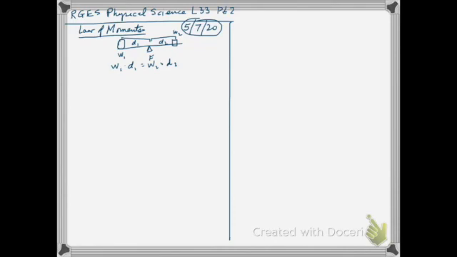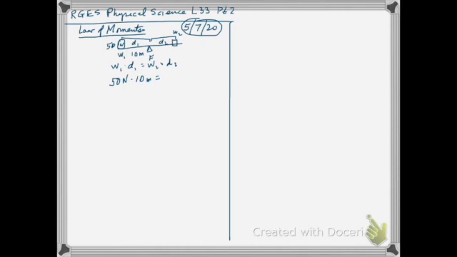Let's say that we have a 50 Newton weight here on the left side, and it is 10 meters. That's the distance. So we'd say we have 50 newtons times 10 meters. That's going to be equal to the weight on the right side times the distance between the weight and the fulcrum.